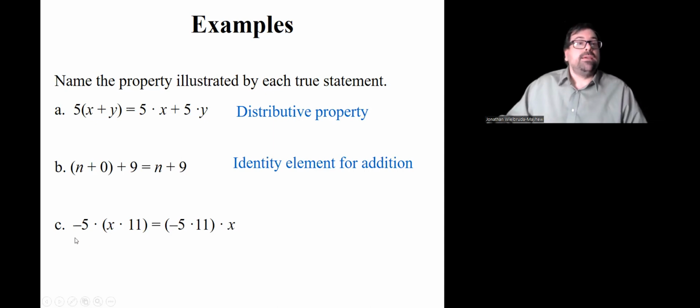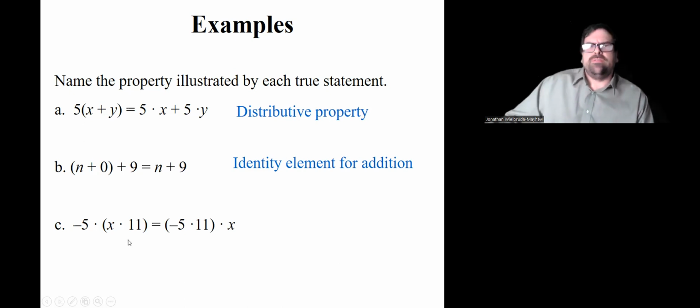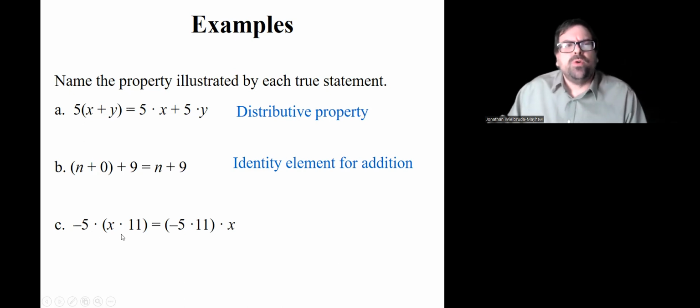In C, we have -5 times x times 11, and we're grouping this x times 11 together. On the other side of the equal sign, we have -5 times 11 in parentheses times x. This isn't just the associative property because we didn't just move the parentheses.